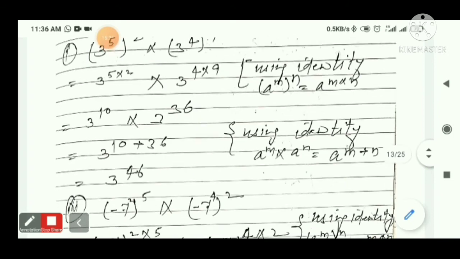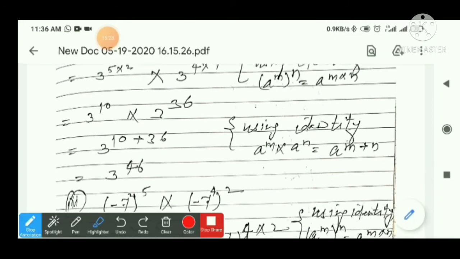After that, in a product, if the base is the same, we will add the powers. Here the base is the same. A raised m multiplied by a raised n is a raised m plus n. So it will be 3 raised 10 plus 36, which is 3 raised 46.